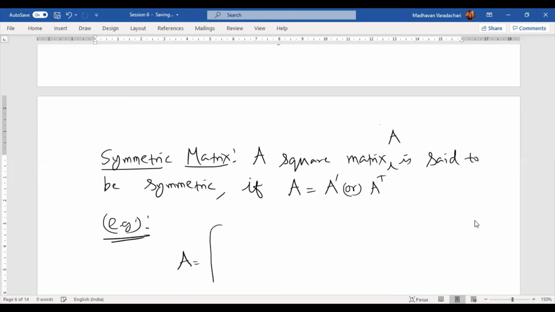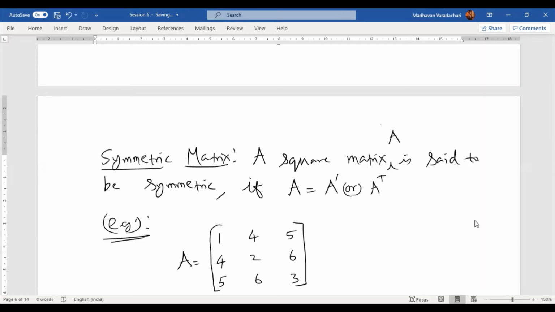A. Let me write 1, 2, 3. If I write 4 here, that is, I am writing 4 in first row, second column, then in second row, first column also, I will write 4. Then here, if I write 5, that is in first row, third column, then in third row, first column also, I will write 5. Here, if I write 6, here also I will write 6.